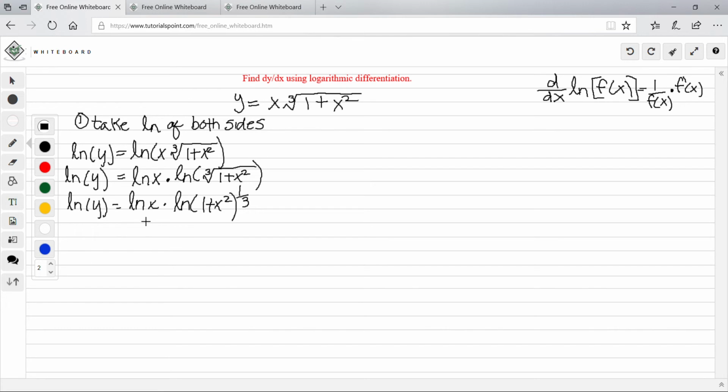Okay, now we can simplify this. Like I said before, when you're multiplying logs, you're really adding. So it's really just ln of x plus, and then remember the rule for logs: whenever you have anything to a power, you put that in front of the ln. So it's plus 1/3 ln of 1 plus x squared.